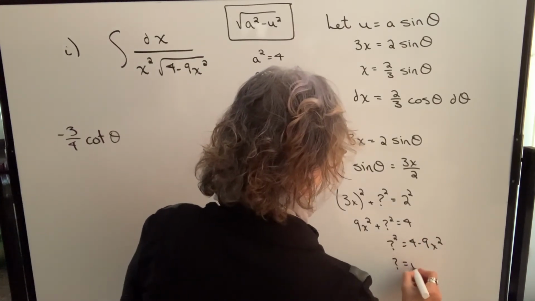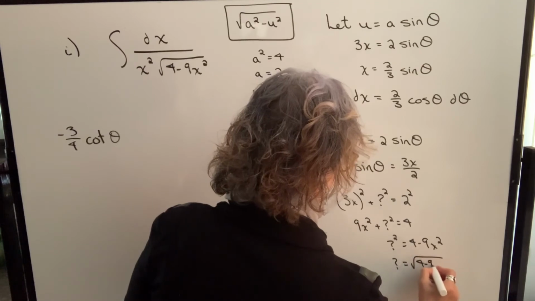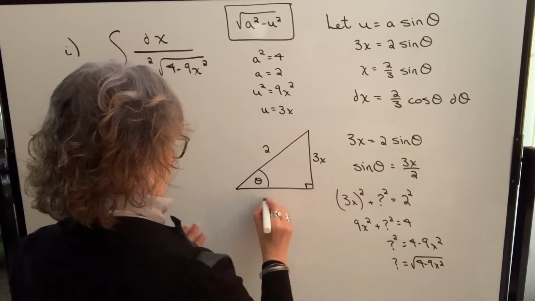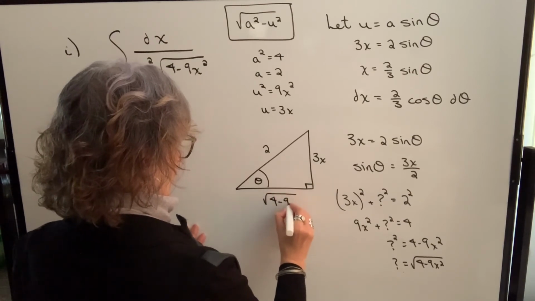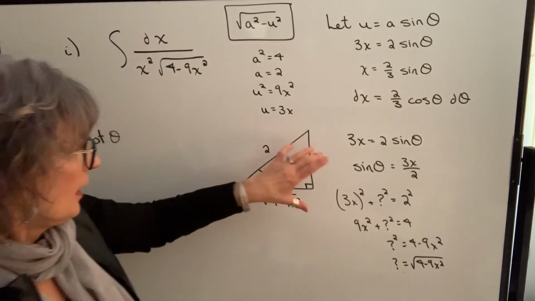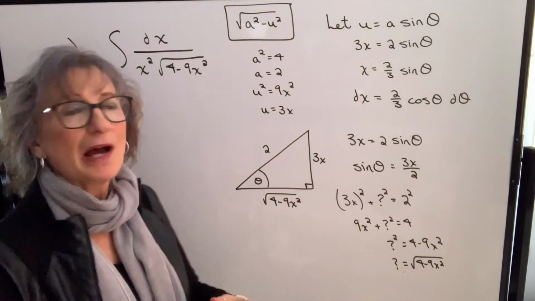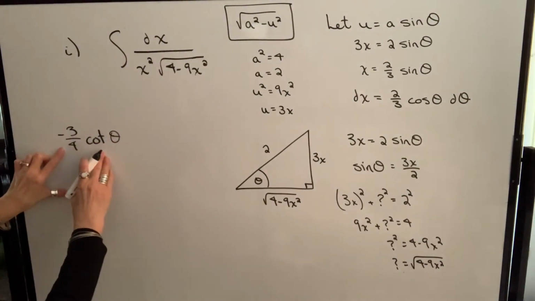So that side will be square root of 4 minus 9x squared. Now that I have all 3 sides defined in that right triangle, I can go back to my answer.